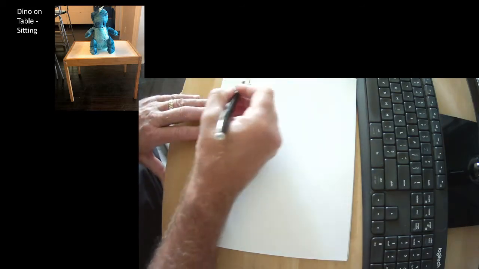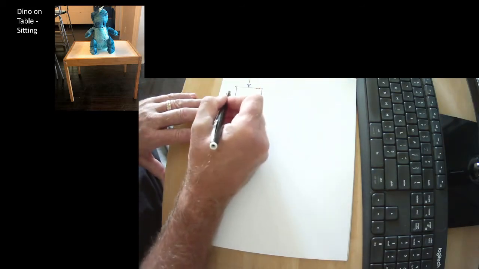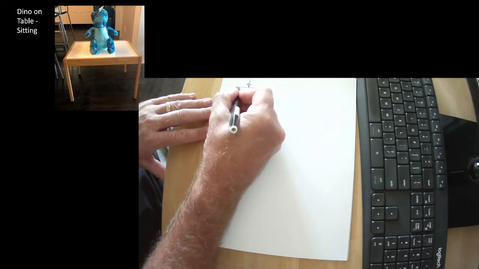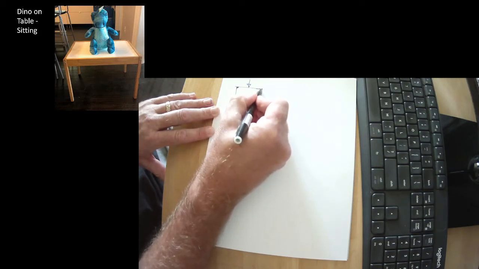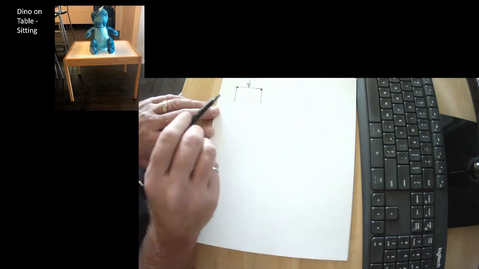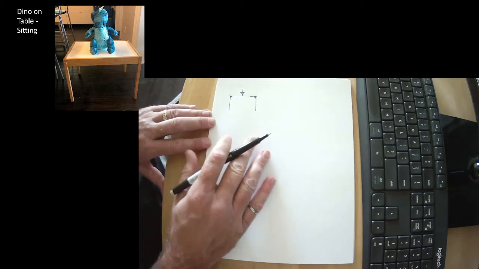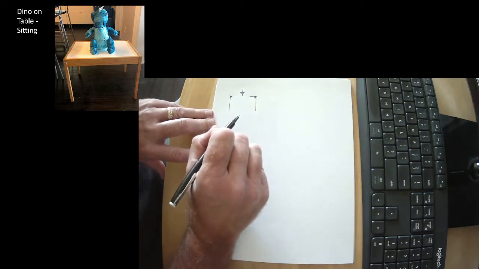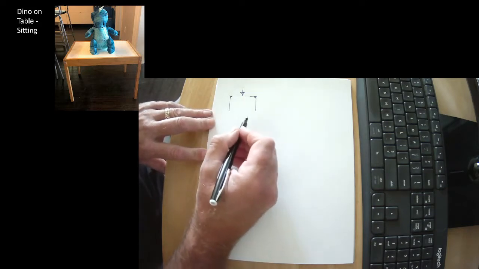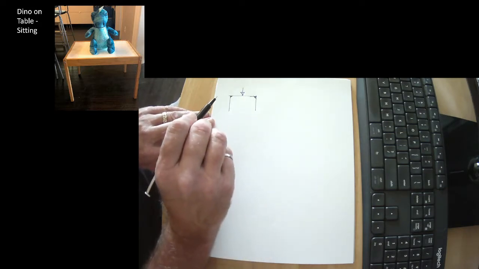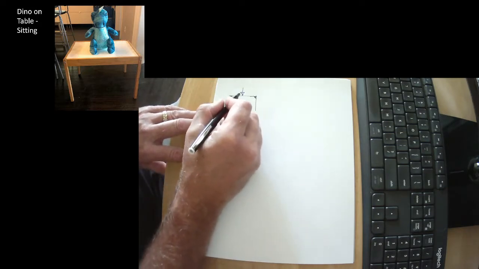There are a few things that we need to incorporate into our table free body diagram in order to demonstrate that it's stable. One thing we need to recognize, I'm just collapsing this into 2 dimensions because it's more meaningful in 2 dimensions. The 3D doesn't really add a lot of information. So we're going to indicate here that we have a load coming down. That's Dino.